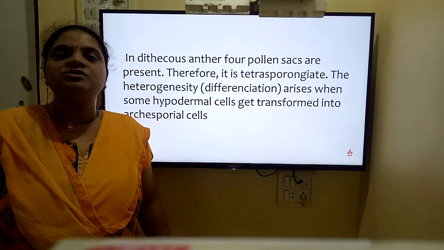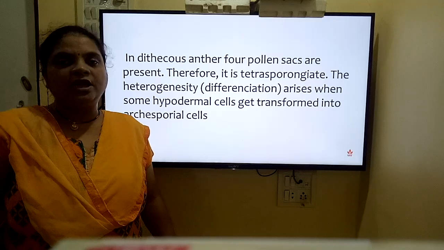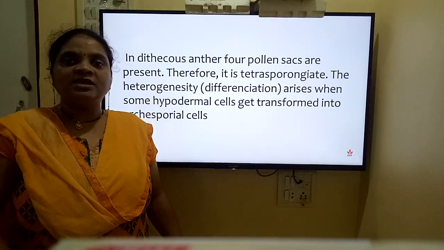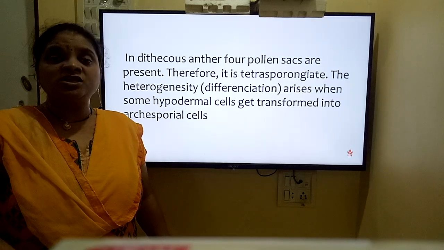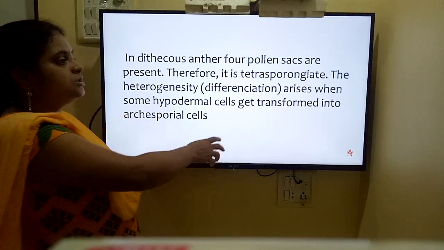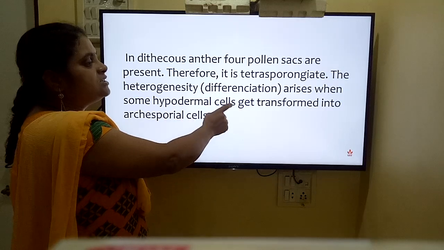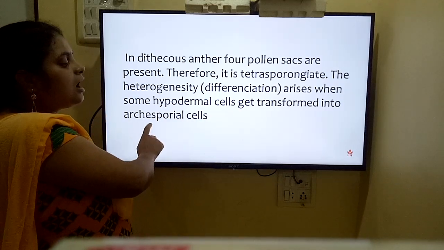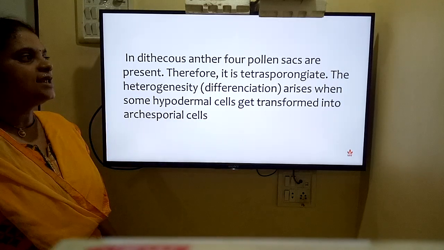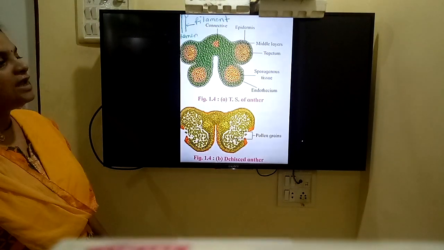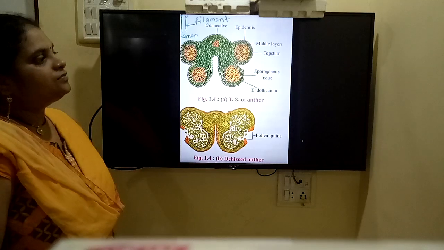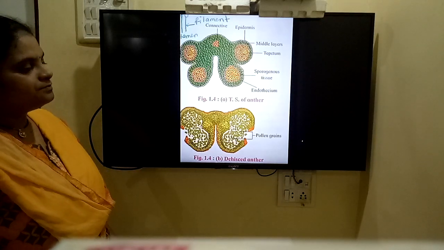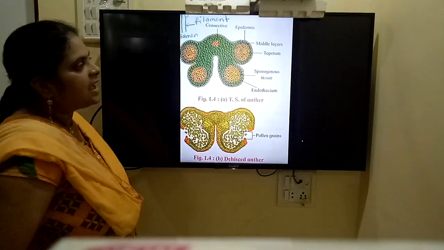Hypodermal layer undergoes heterogeneity, it means differentiation, and this hypodermal layer transforms into the archesporial cells. So these hypodermal cells get transformed into archesporial cells. This is the diagram of TS of anther.